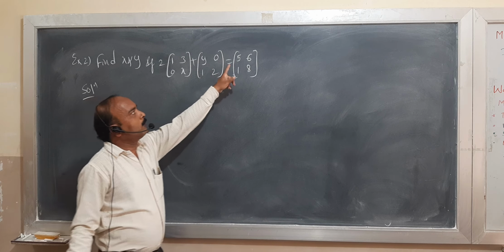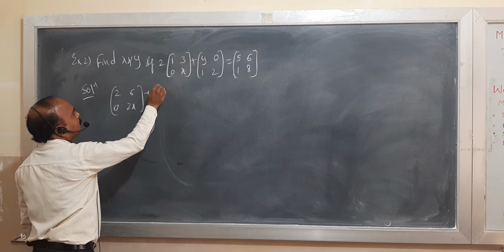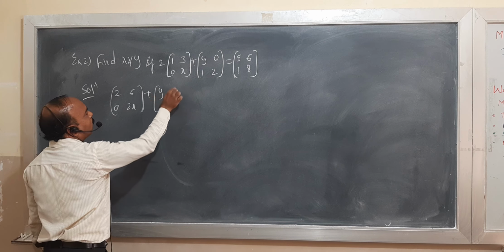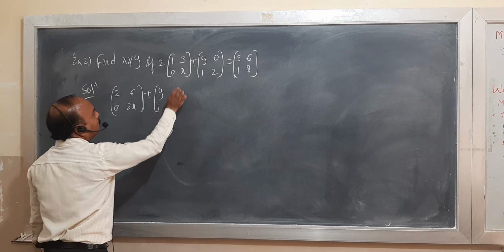Now first we multiply 2 with this matrix, that is 2 into 1 is 2, 2 into 3 is 6, 2 into 0 is 0, 2 into x is 2x, plus the second matrix as it is, [y 0 1 2], equal to [5 6 1 8], which is also as it is.